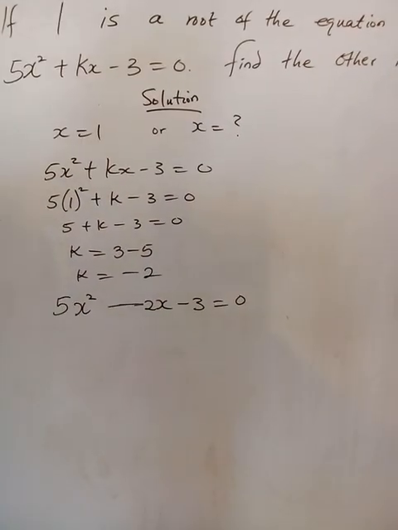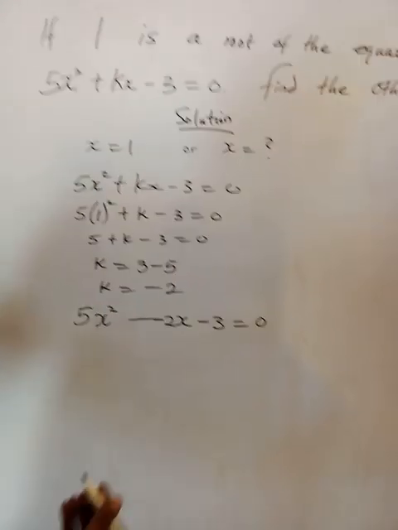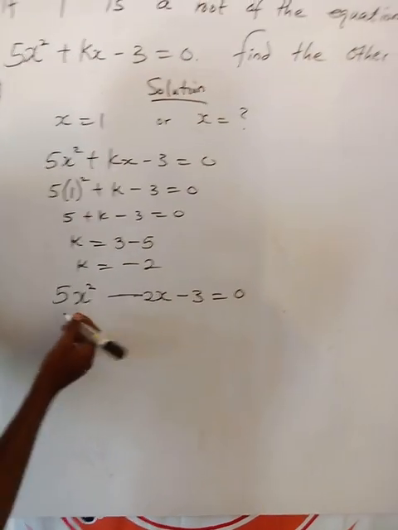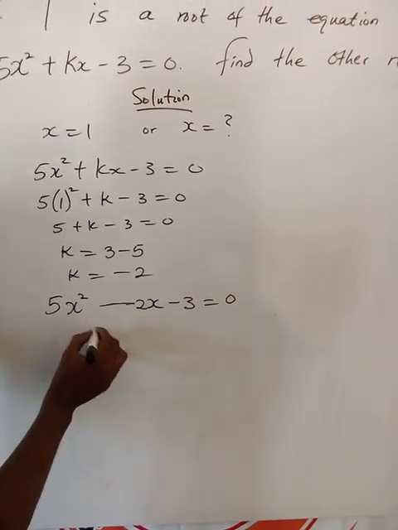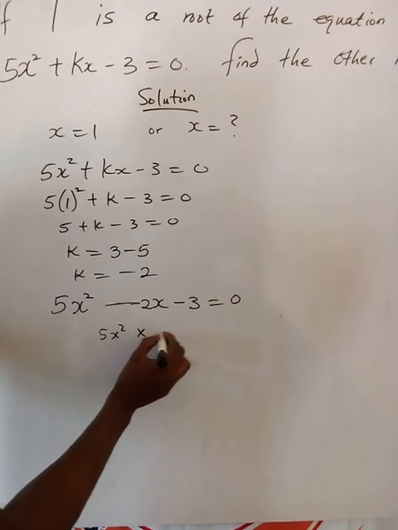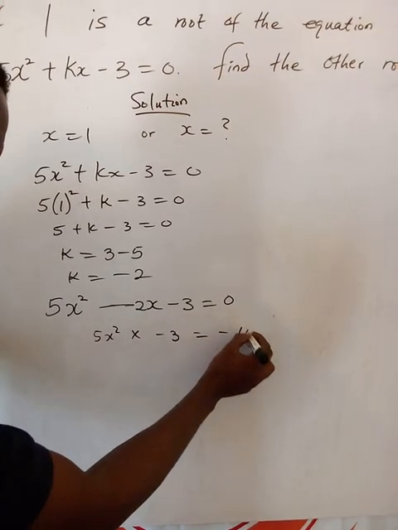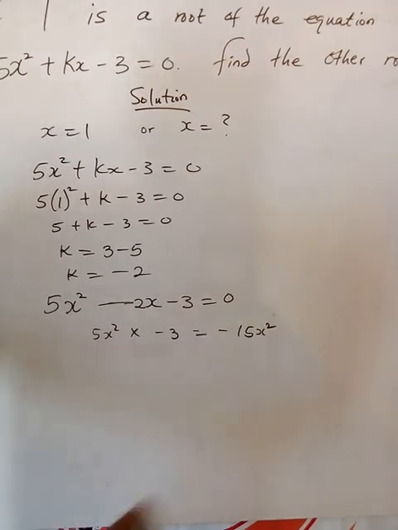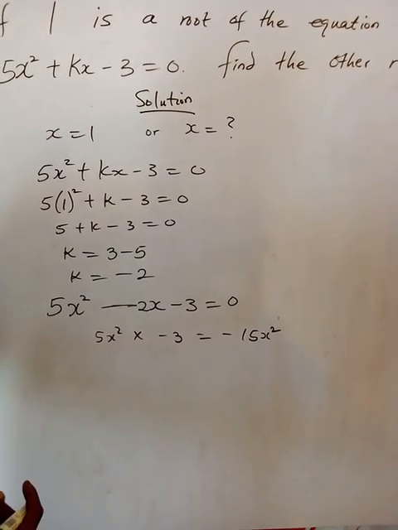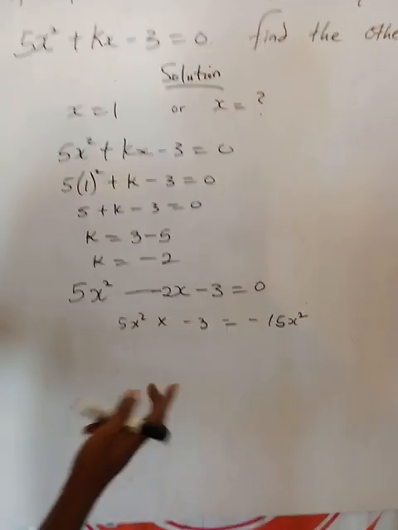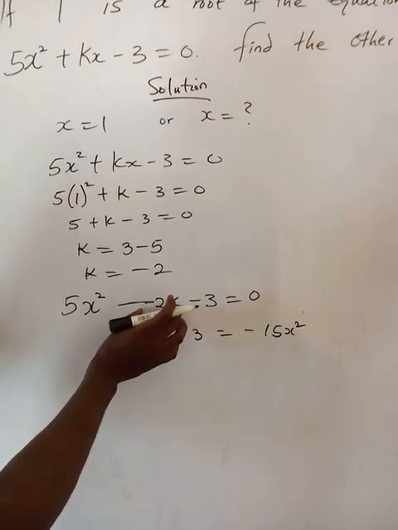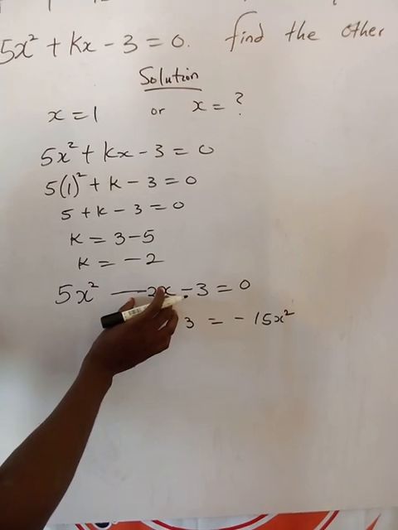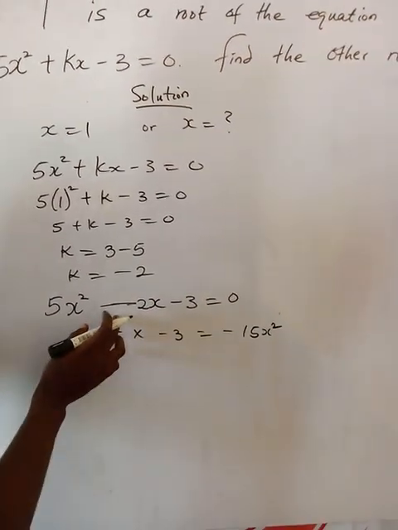to solve this equation. We can use the factorization method, and that means we'll look for the product of the first and the last term, which is 5x squared times minus 3 equals minus 15x squared. The next step is to look for two things that you multiply together to get this, and you add them up to get the middle coefficient. And when you get those two things, you use them to replace it.